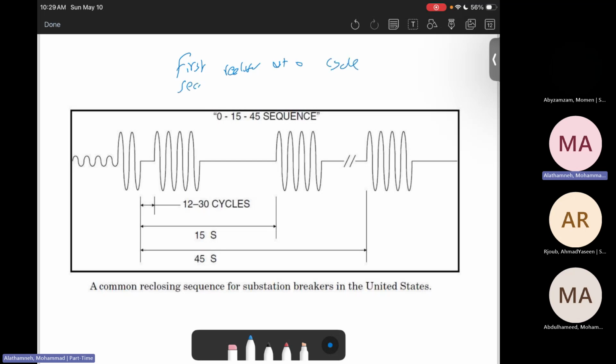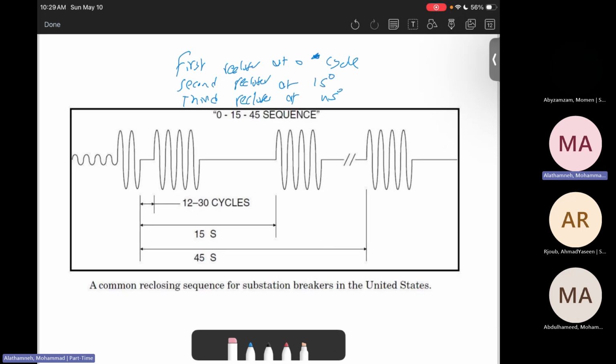Then the second recloser at 15 cycles, while the third recloser at 45 cycles. I'm sorry, 45, I mean cycles.